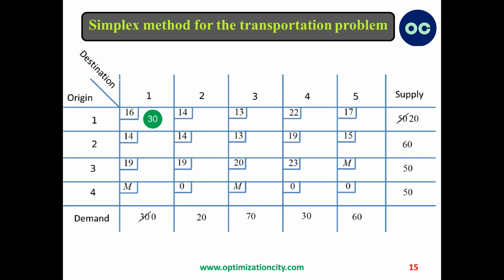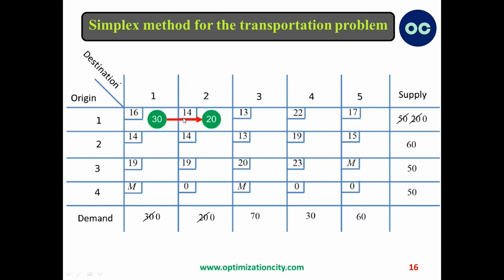The maximum value is 30. For 30 and 50, we have the maximum value for improving this initial solution. We modify these two values because the demand is fulfilled here. So we go to the right, to x12.